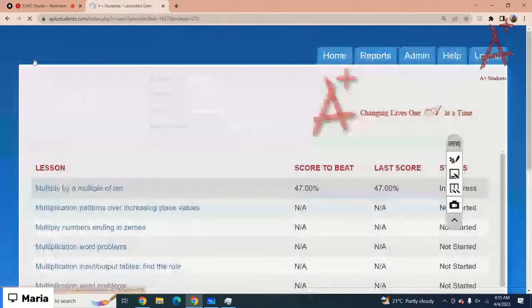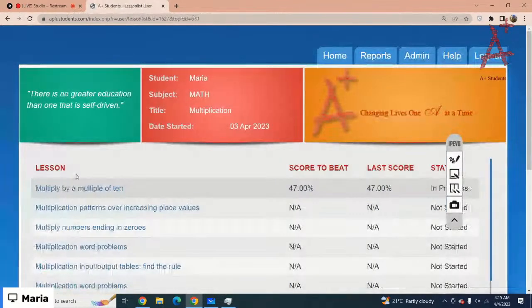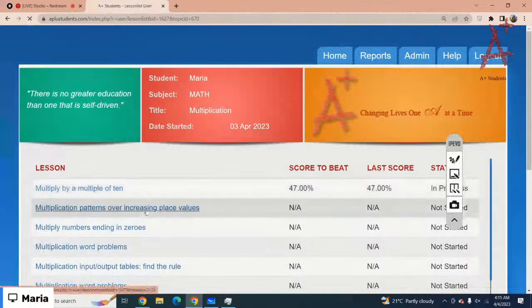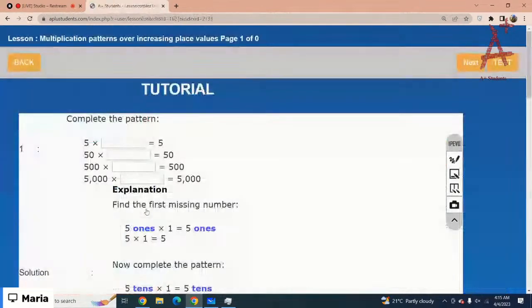The next lesson is multiplication patterns over increasing place values. So basically we have to learn the patterns here, got it? 5 times what number makes 5? 5 times 1 makes 5, got it? 5 times what number makes 50? 50 times 1 makes 50, sorry.